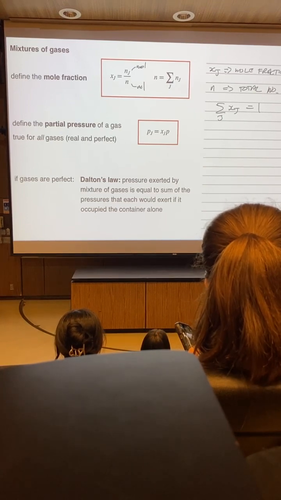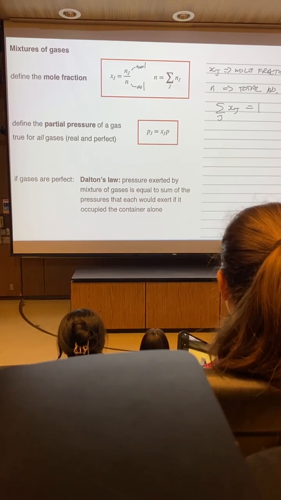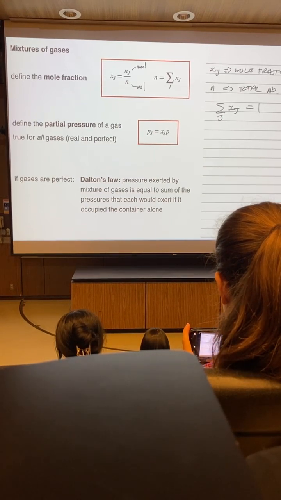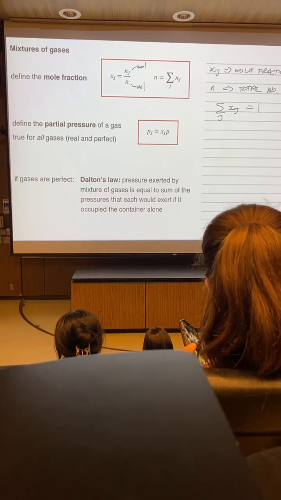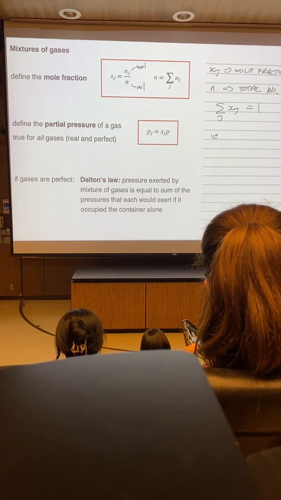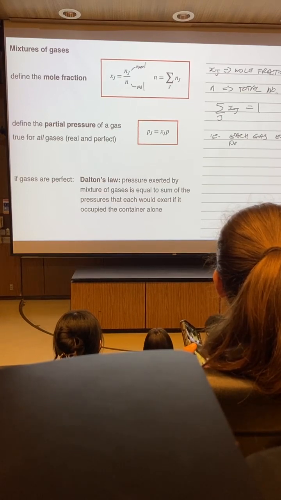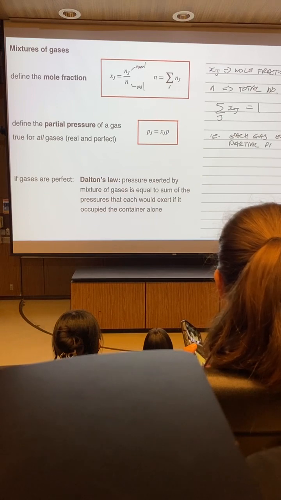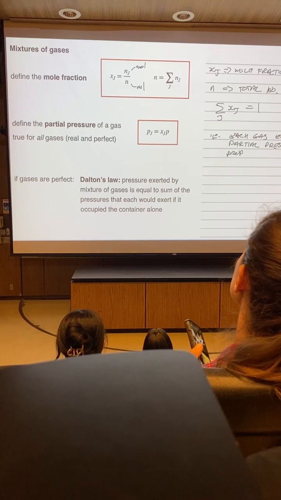So we can use this then to define what we're going to call the partial pressure of a gas, if we have a mixture of gases present in our system. And we'll say that the partial pressure of the gas is equal to the mole fraction multiplied by the total pressure that we have present in our system. So each gas exerts a partial pressure proportional to its mole fraction.